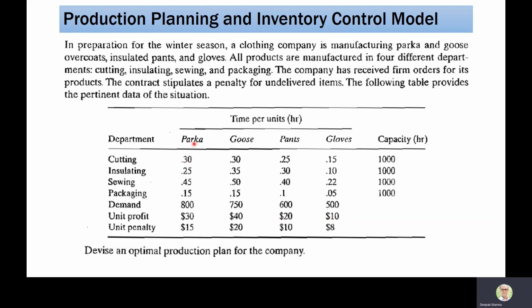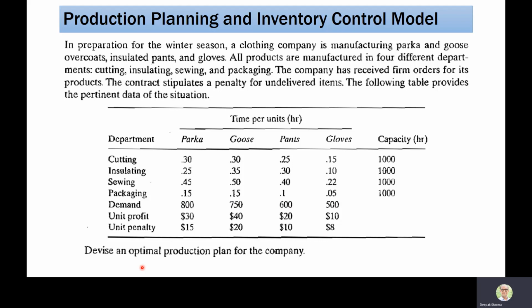Now, as you remember, there is a penalty if we are unable to deliver the demand. So if we do not deliver, then the per unit penalty is $15 for Parka, 20 for Goose. Similarly, pants and gloves are given here. We have to devise an optimal production plan for the company.